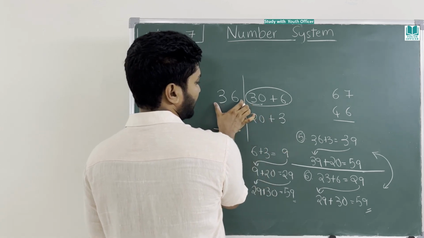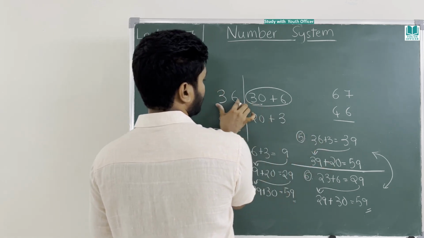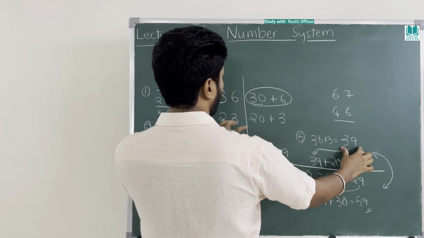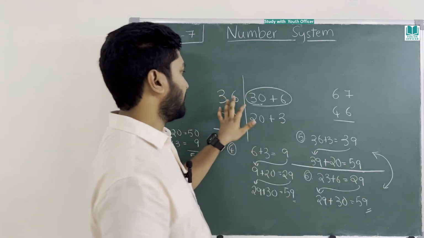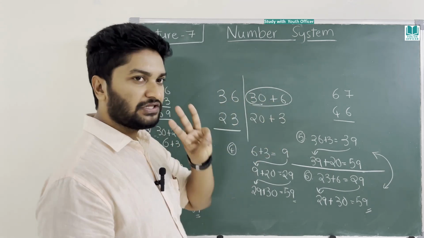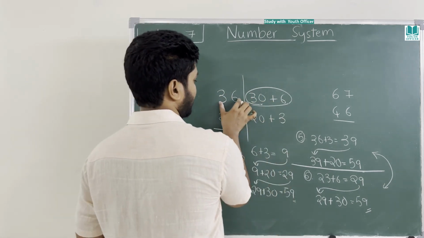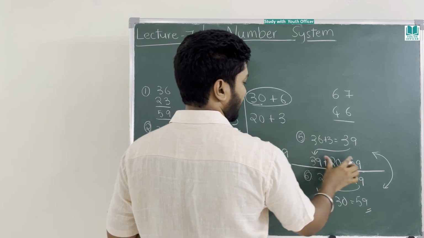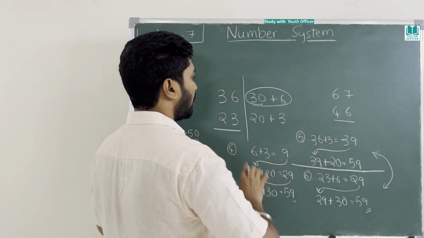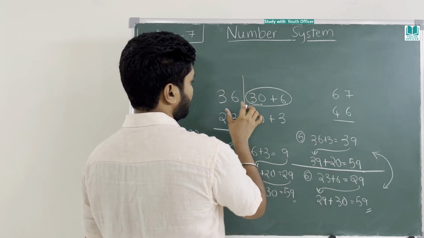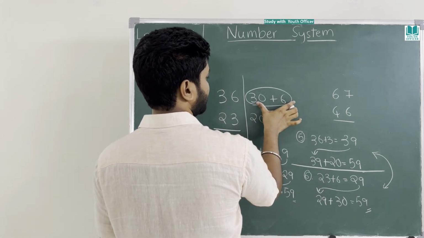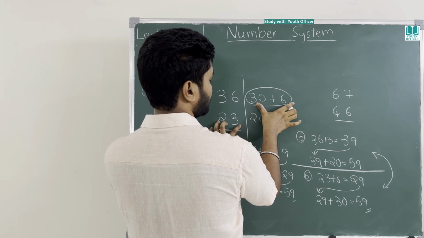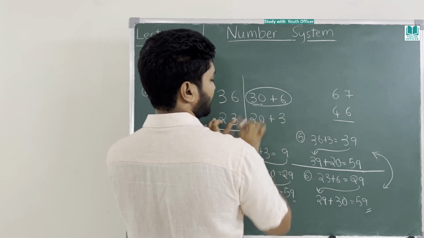Here I have taken directly 36, I added these 3 to 36 directly, 39, 20 is remaining, then I added 20. I did not make it into 4 parts, I just made it into 3 parts. 36, 20 and 3, I added them to get 59. Or else, I made 30 plus 6 as 2 parts and 23 as the third part, and I added these 3 parts here.